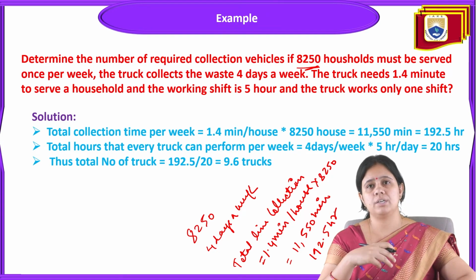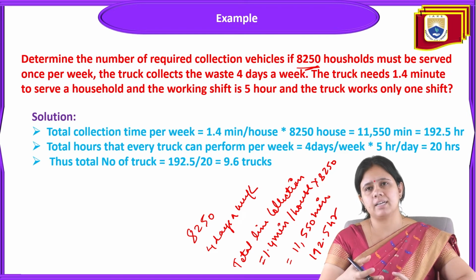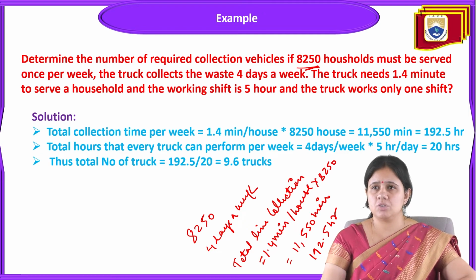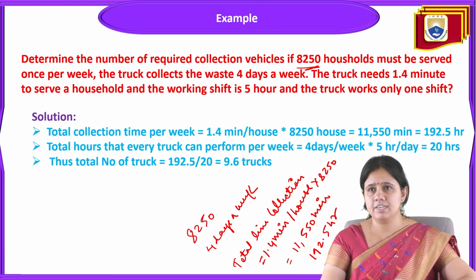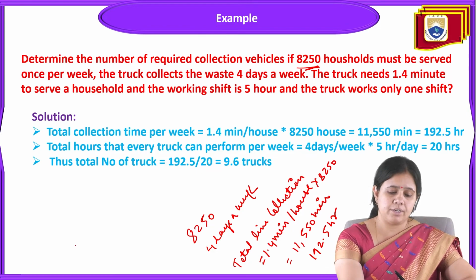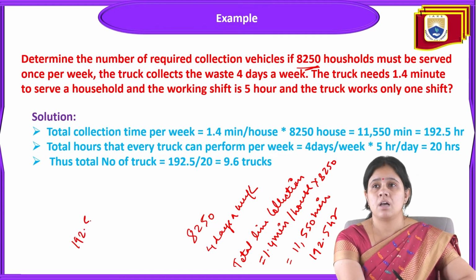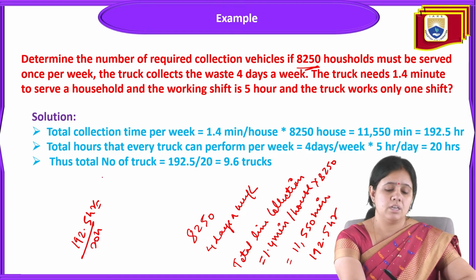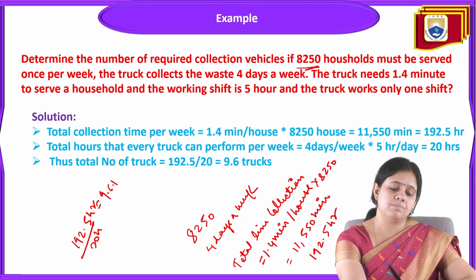So the total hours that every truck can work per week is 4 days per week into 5 hours per day, which equals 20 hours. If we divide 192.5 hours by 20 hours, it is equal to 9.6 trucks.